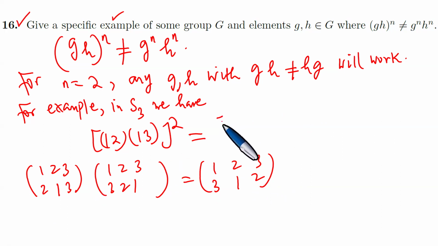Meaning that at this point, what we can see is that if you begin as follows and start with 1, you can see that 1 goes to 3, and 3 goes to 2, and then 2 goes back to 1.